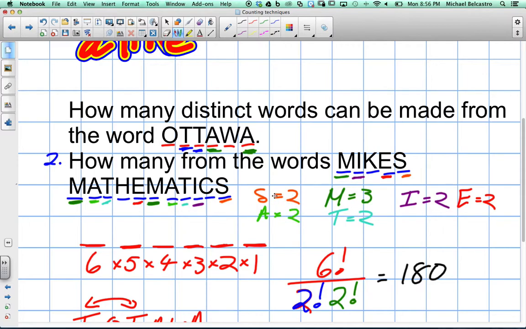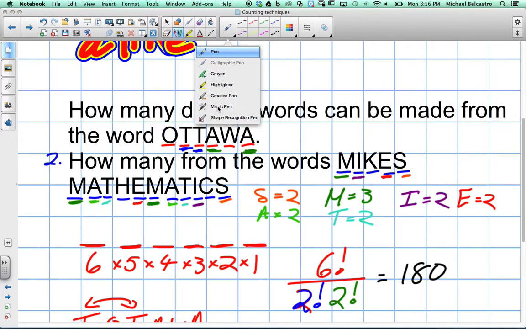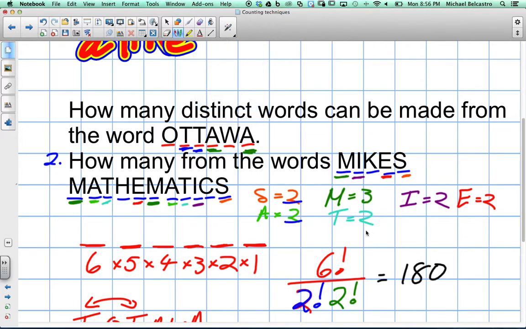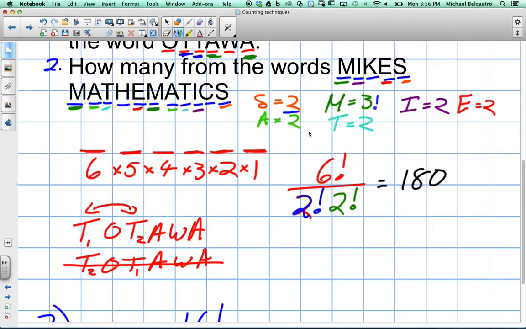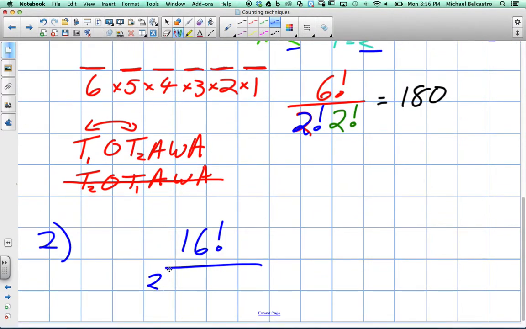16 factorial is a huge number, but we're going to be dividing by 2 factorial times 2 factorial times 2 factorial times 2 times 2. And really what I wanted to show was the 3. The 3 is important because there are 3 M's. You get divided by 3 factorial, which is actually the value of 6 because it's 3 times 2, right? So we have 5 of those 2 factorials, and then a 3 factorial.